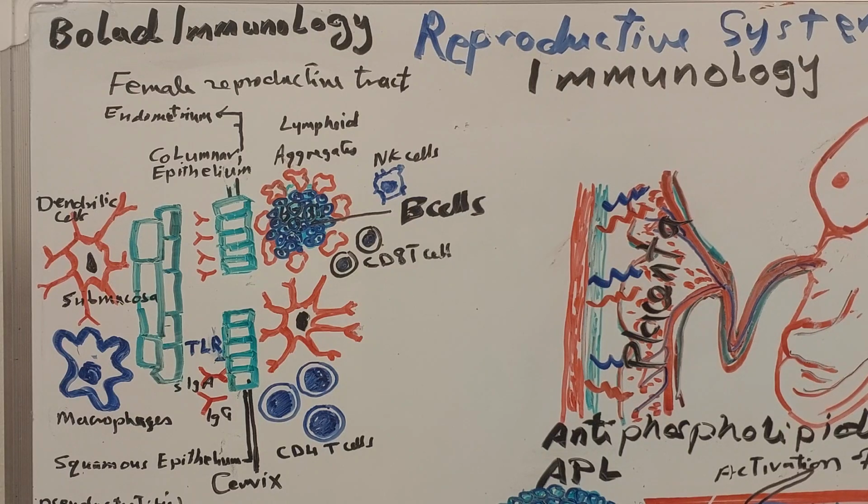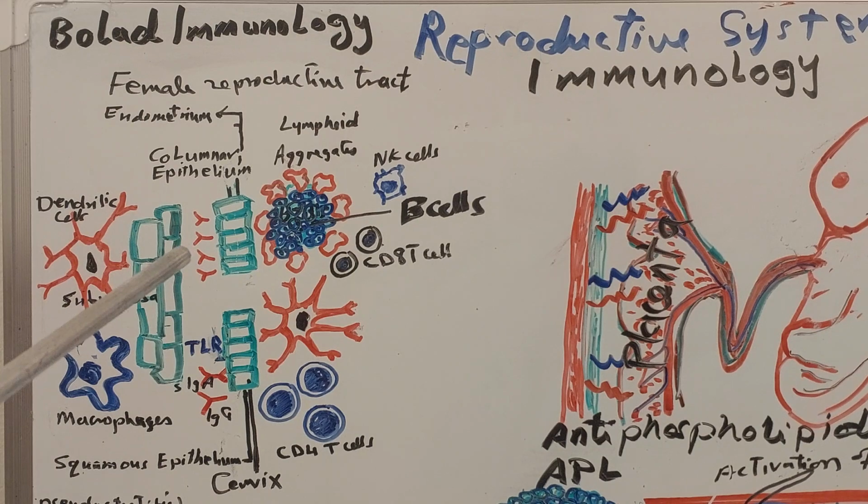So, immune cells in the reproductive tract maintain immunity against pathogens and establish immune tolerance for sperm and an embryo.